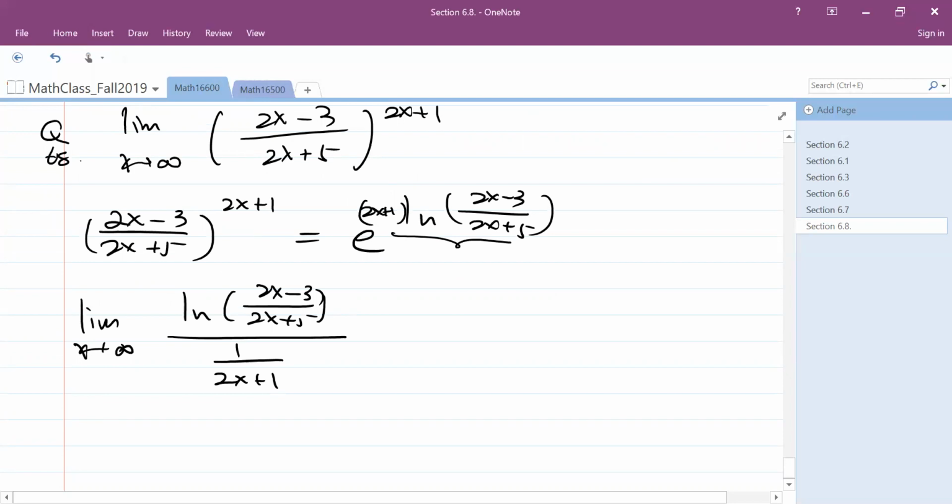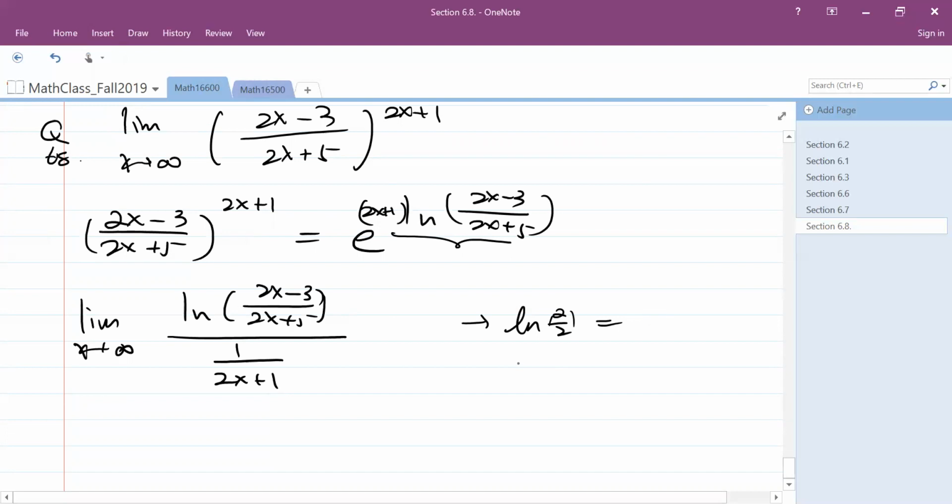So what type of limit do we have to figure out? When x approaches infinity, the numerator approaches natural log of 1, since the ratio approaches 1. So that is going to be 0. Okay, natural log 1 is going to be 0.